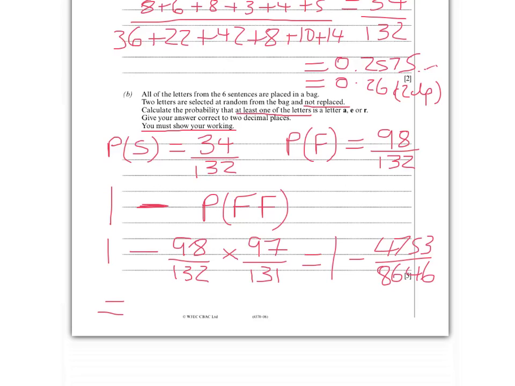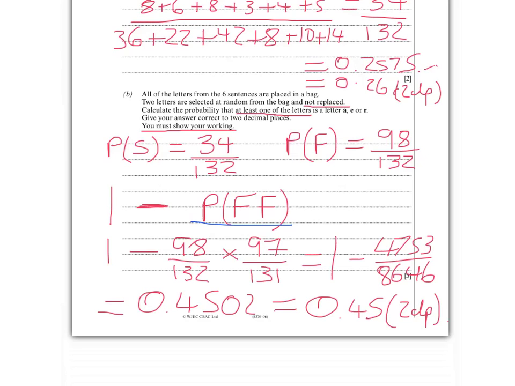But if we do 1 minus our answer on the calculator, that gives us the same answer as we had using the other method, which we know to 2 decimal places was 0.45.